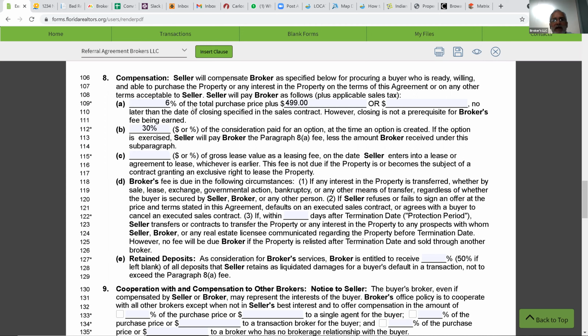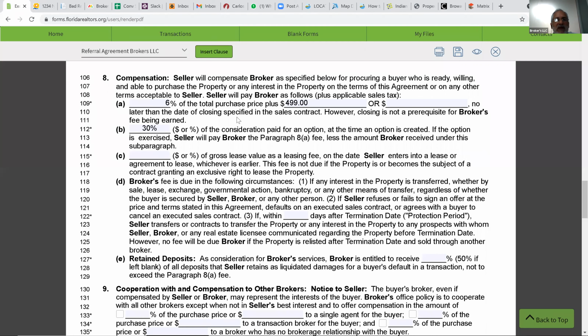So if my seller accepts a lease with an option to purchase, when am I going to get this 6% paid? If I don't write anything in here, the seller will get whatever amount of the consideration is paid by the buyer, and I'm not getting anything from there. That means that I'm just going to have to wait 12 months to get my commission paid.